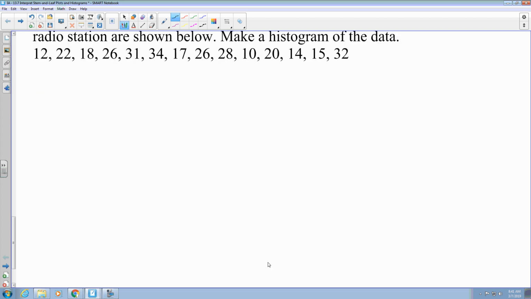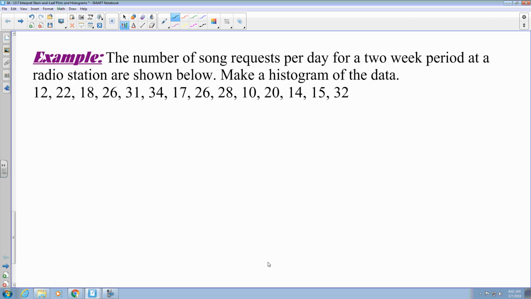So we have a set of data here. Looks like we got 12, 22, 18, 26, 31, 34, 17, 26, 28, 10, 20, 14, 15, 32. First things first, what I would do is I would choose an interval.